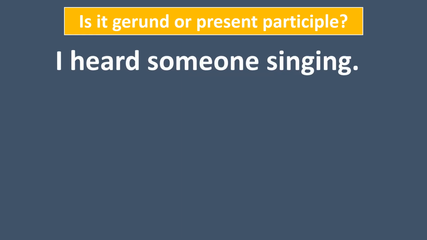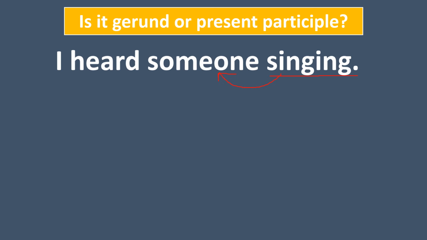Let's see the next one. I heard someone singing. In this sentence, ing form is singing. Okay. Is it gerund or present participle? Let's decide. Singing is an adjective. It is used as an object complement because it refers to the object, that is someone. Okay.